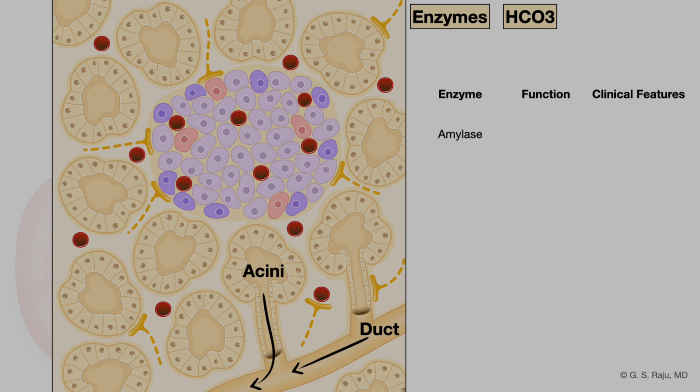So let us start with amylase. It is an enzyme that is secreted in the active form. It doesn't damage the duct or the pancreas, as it acts specifically for digesting carbohydrates.